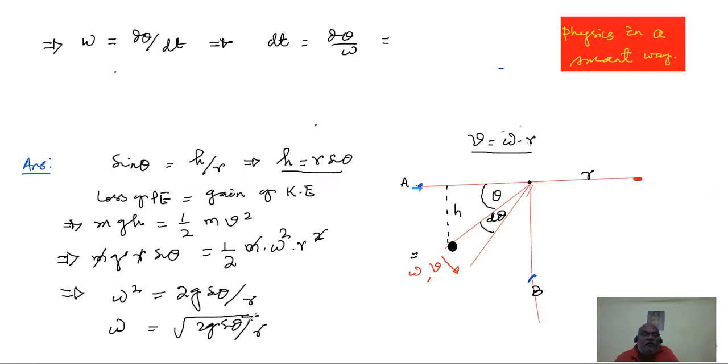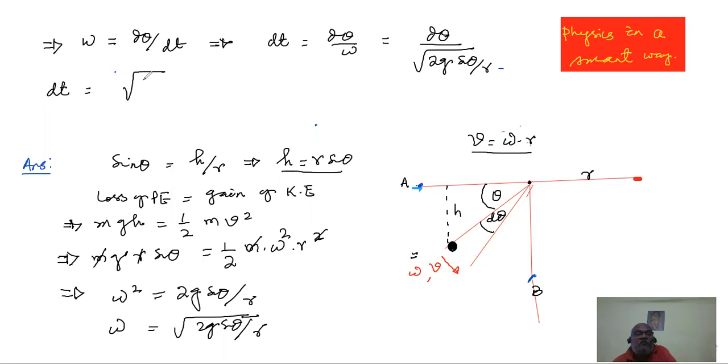And if I substitute the value of omega, that comes out as d theta divided by root over 2g sine theta divided by r.